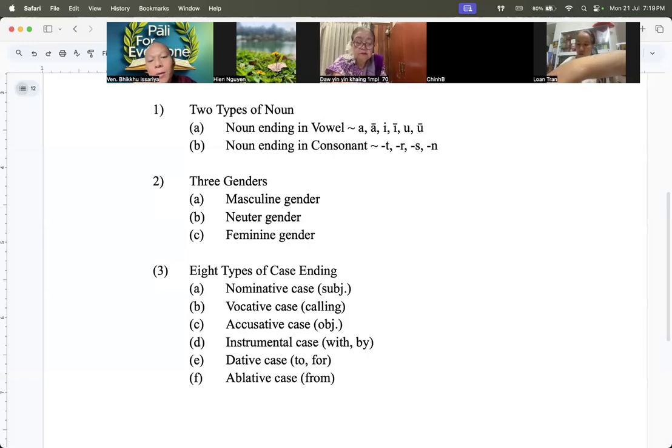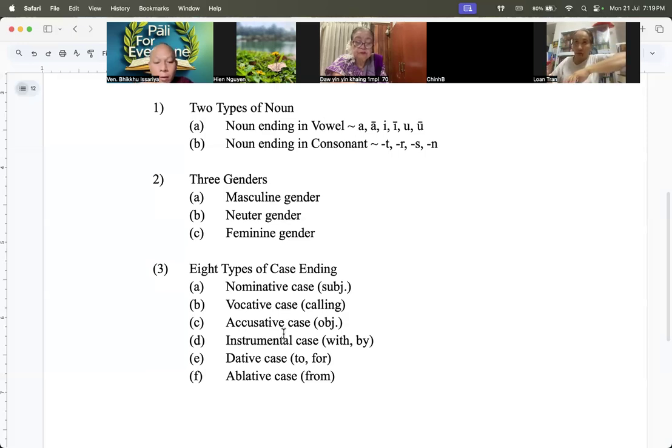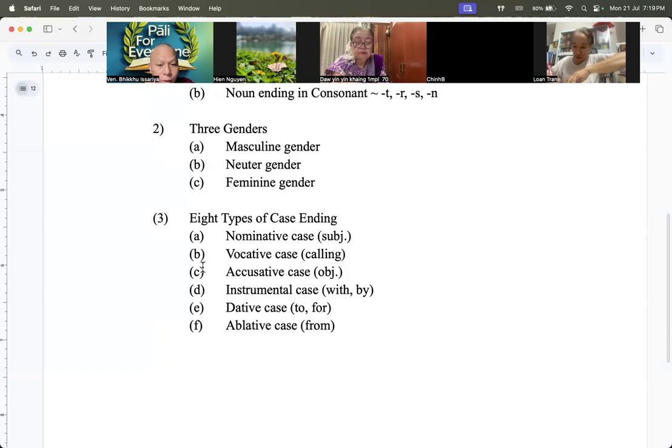So from home to the market, from the market to the home, or from the market to the office, like that. Okay, now 1, 2, 3, 4, 5, 6. And then now 7 case. So 7th is genitive case.